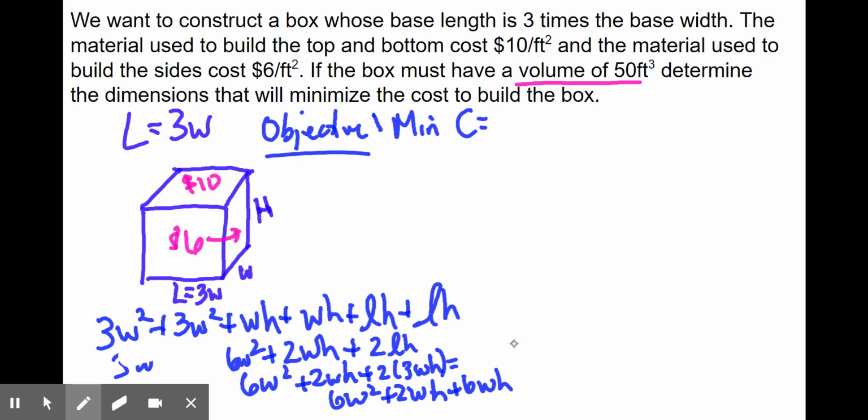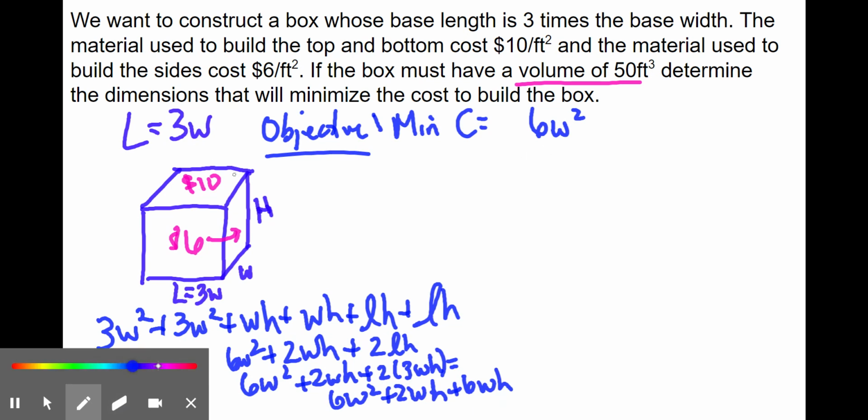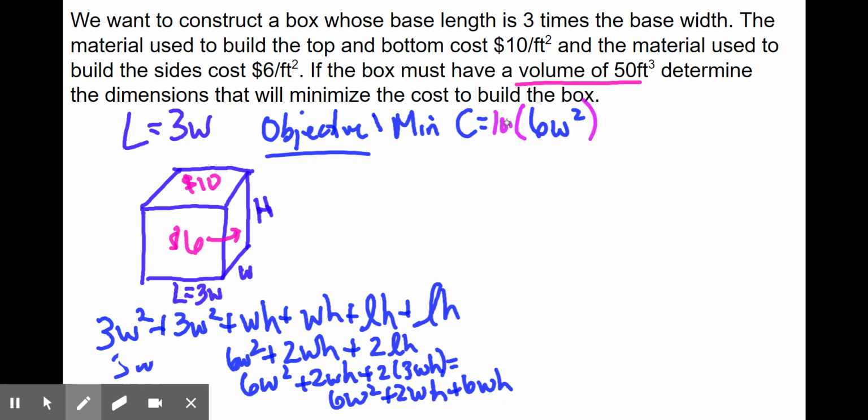Okay, now let's talk about the cost. The 6W squared is the bottom and the top. It's $10 each for those. So we got $10 times 6W squared, plus we're going to have $6 for 2WH. And then we're going to have another $6 for 6WH.